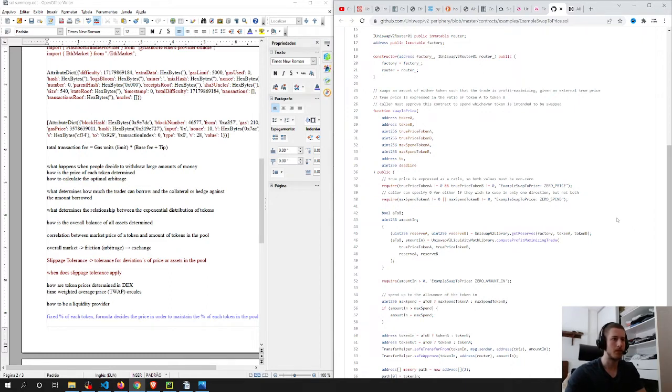Caller can specify 0 further if they wish to swap. So the equation is because of the amount of liquidity provided. That's the thing, I think. So it tries to keep the price adjusted with the overall market as close as it can, but it obviously can't because the market has infinite possibility.